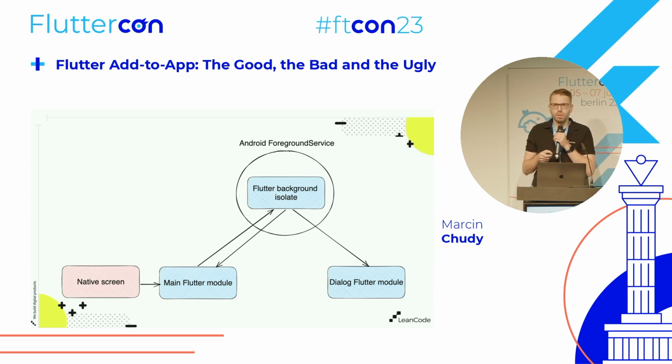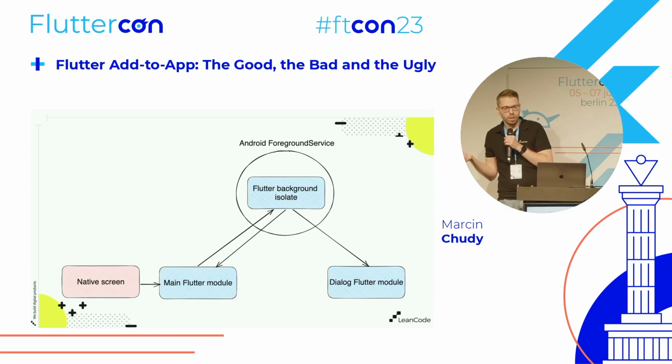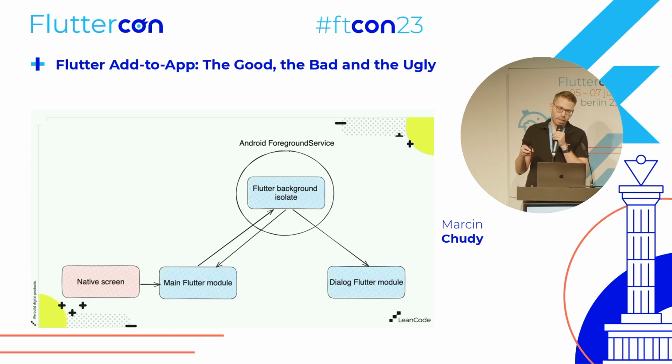But basically, we needed to start a Dart background isolate, which would run in the background, and then it could start another Flutter screen. So we basically had three engines here. Those isolates can communicate with each other using messages.